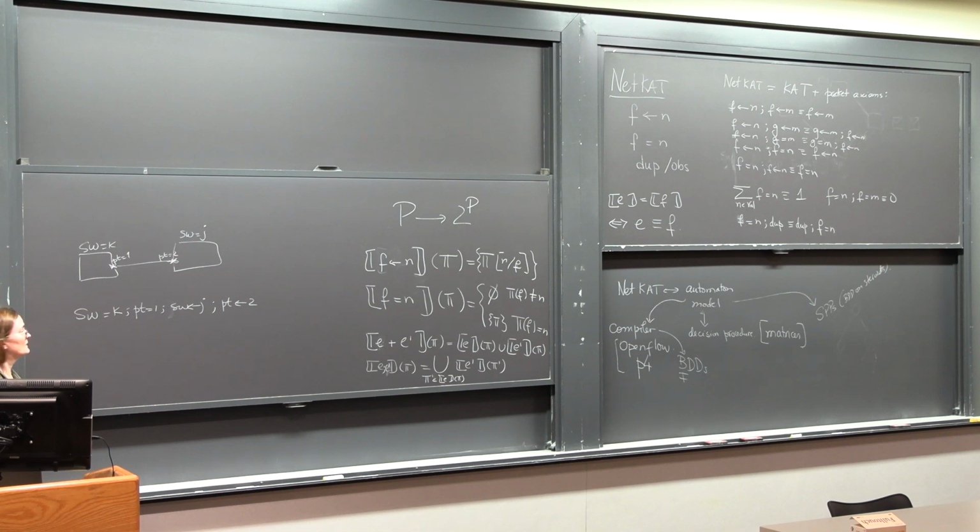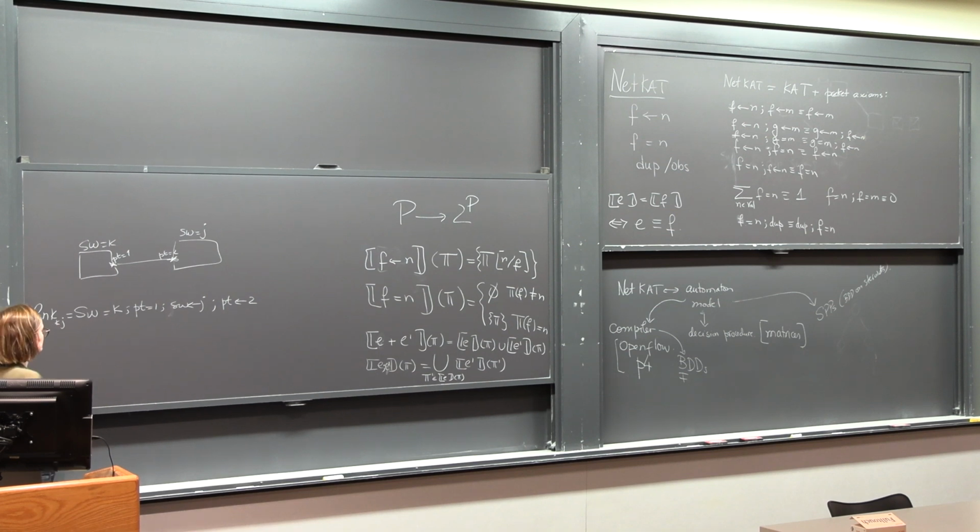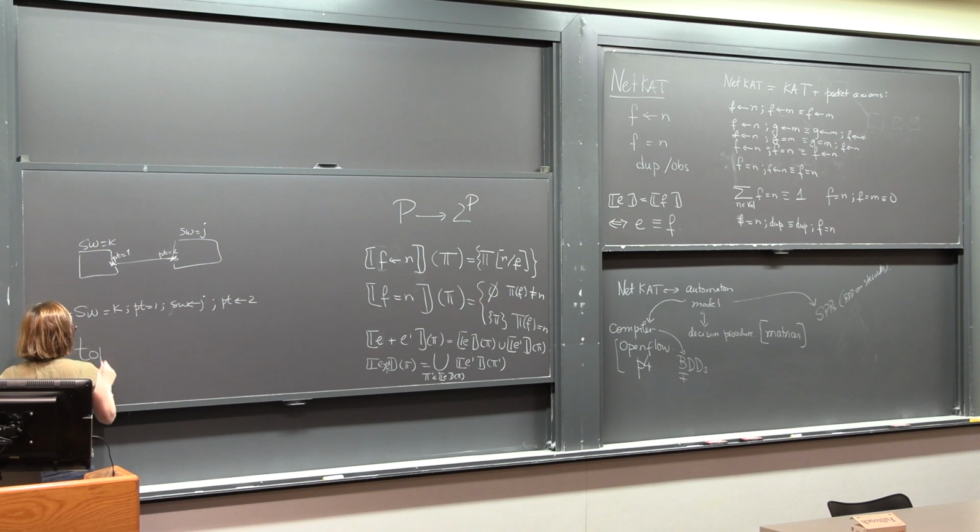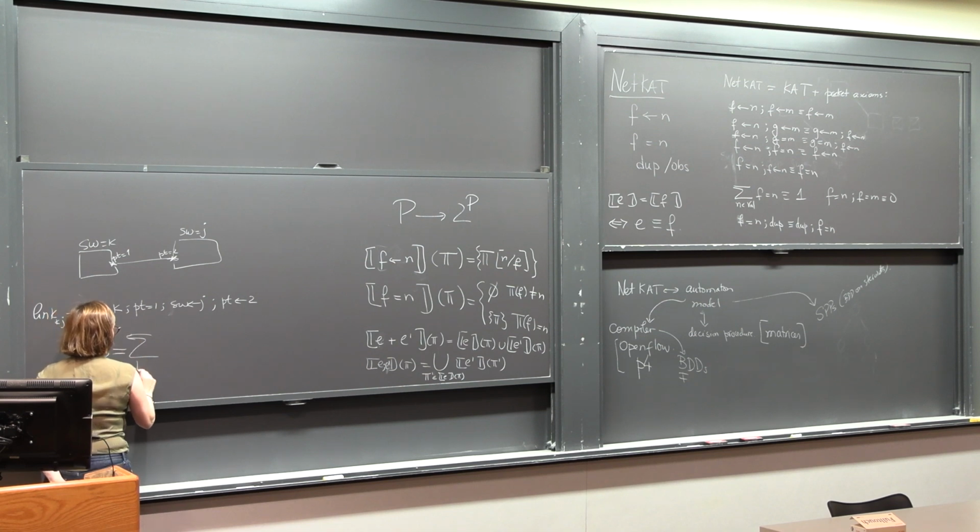So this is a link between K and J. There can be many links between different switches at different ports, or between the same switches at different ports. But let's simplify and imagine there's just one between K and J. Then the topology of my network is again a sum for all the links of L K J.